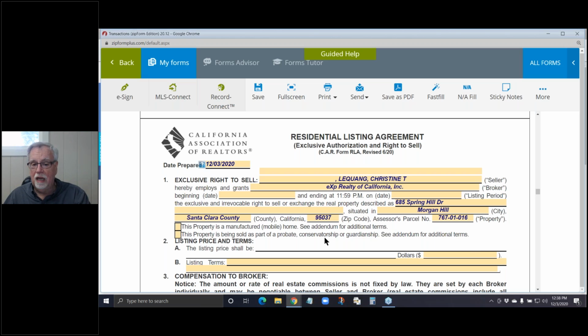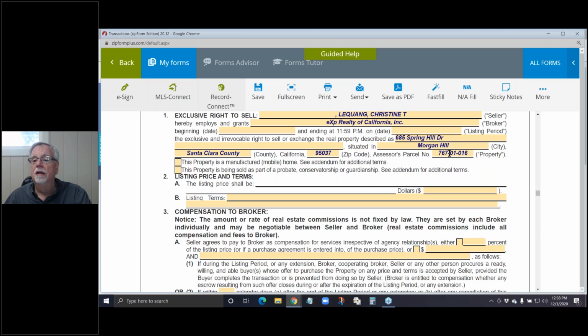Notice that it has automatically filled out the APN number and the address of the property. It brought all of that information over from RPR. If the property is a manufactured home, and by the way, you may have seen that I've given you a sample of one of these forms if you want to print it out or follow along or log into your own ZipForms.